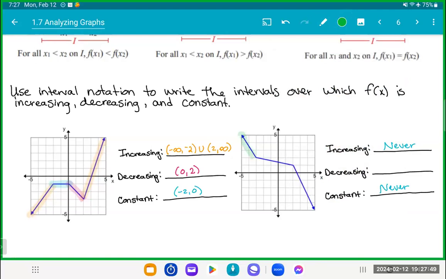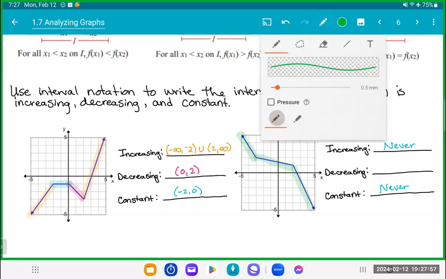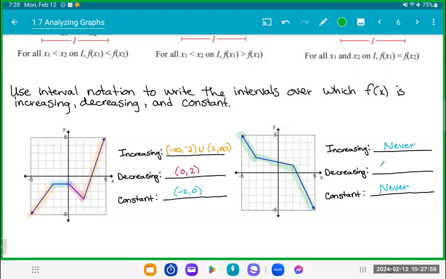You can see we're decreasing in this piece, we're slightly decreasing here, and we're decreasing even more here. So in this graph, we're actually decreasing across it always. So it's from negative infinity to positive infinity. Okay, questions?